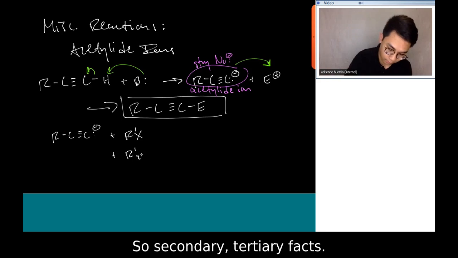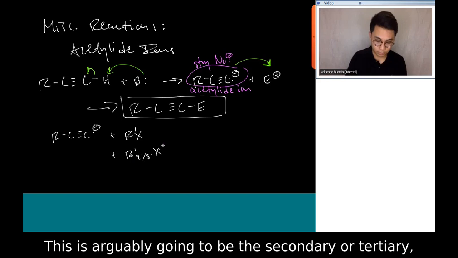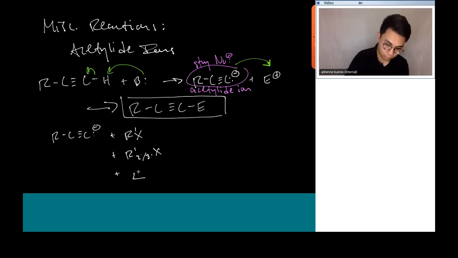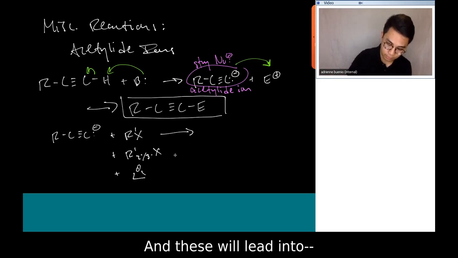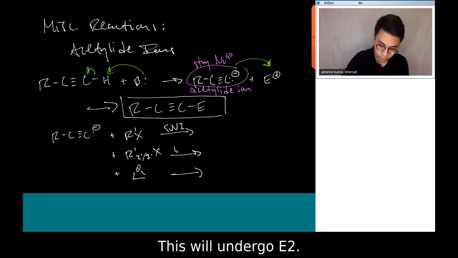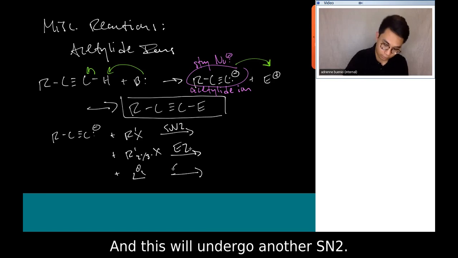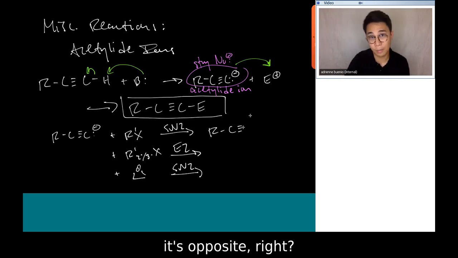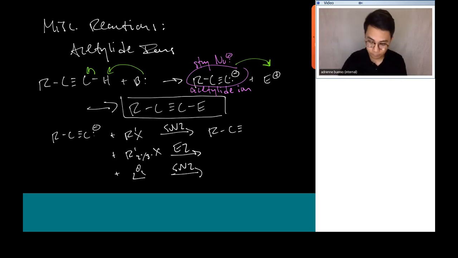So secondary, tertiary, X. This R group can be secondary, tertiary, or we can have an epoxide, right? And this will undergo SN2, this will undergo E2, and this will undergo another SN2. So we end up with something like this. And because it's SN2, it's opposite, it's backside attack.